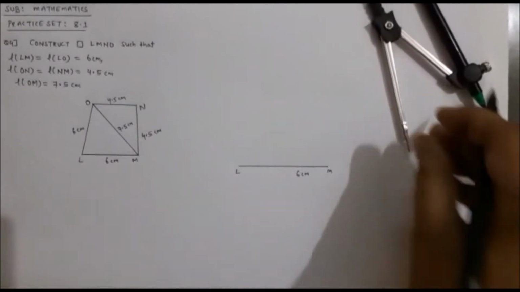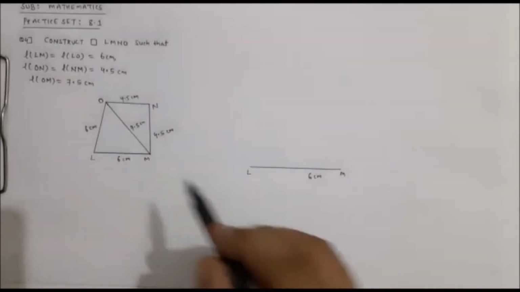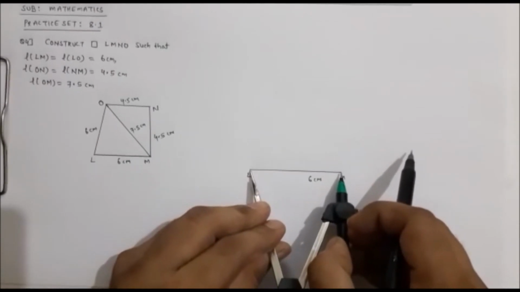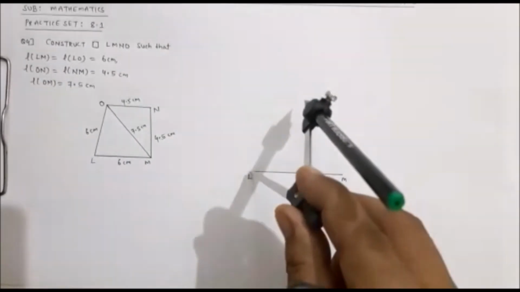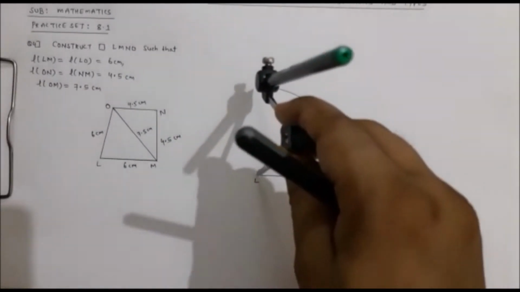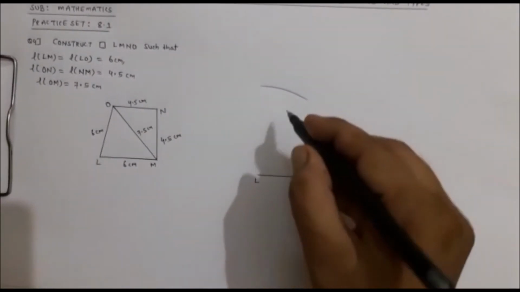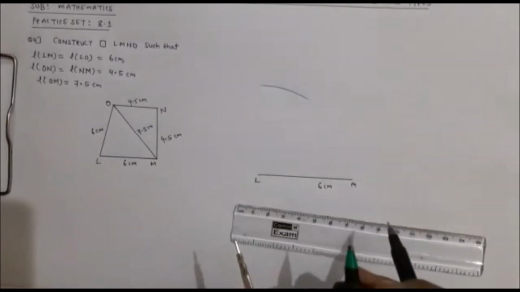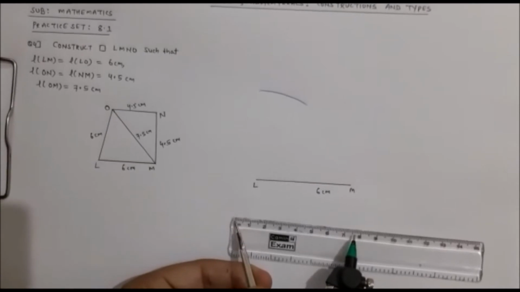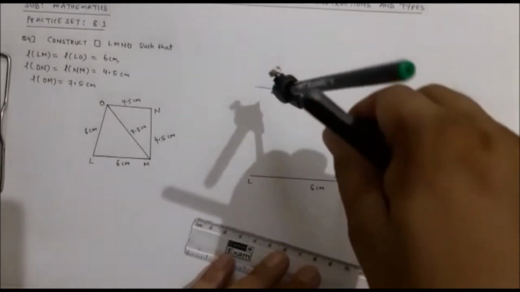6 cm. Now you can see that L to O, LO is also 6 cm. Okay, so from this we can take this distance only 6 cm. Okay, and we cut an arc here from this L of 6 cm. Okay, this is 6 cm we have cut. Now M to O, that is 7.5. From point M you have to cut an arc of 7.5 cm. So take distance of 7.5, and from this point M cut an arc of 7.5.